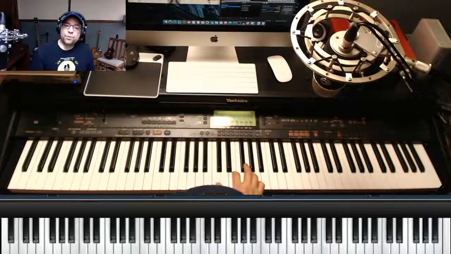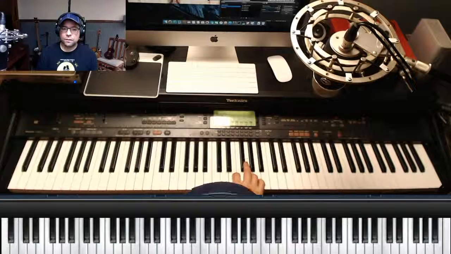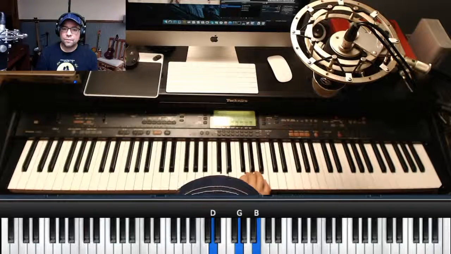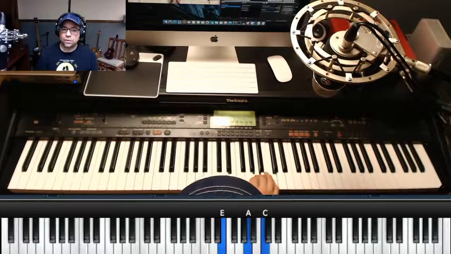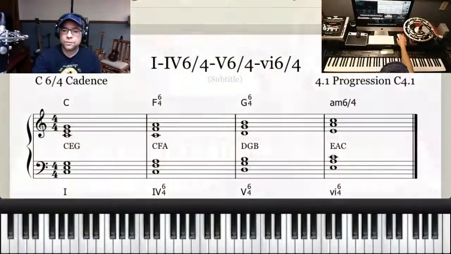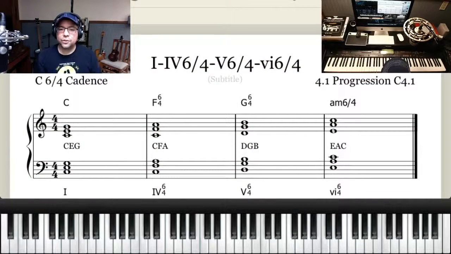All right, let's play the progression one more time. The F chord that we've done in second inversion. There's the G chord in second inversion. And the A minor in second inversion. All right, just want to transition to our picture again, our diagram, so you can see the chord progressions and the notes for the chord progression.